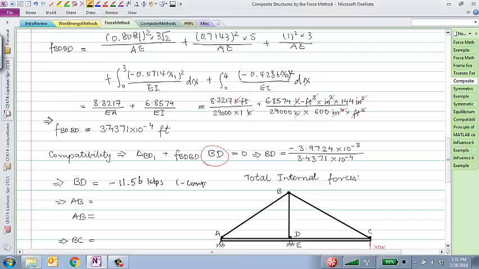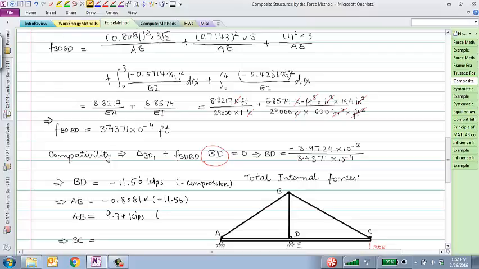And then to calculate AB and BC, we have minus 0.081 times 6. And that gives us a positive value, which is 9.34 kips.